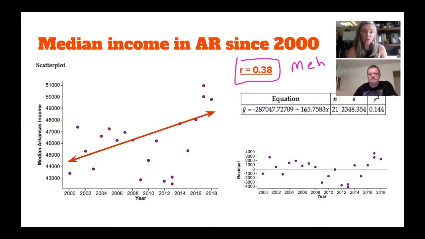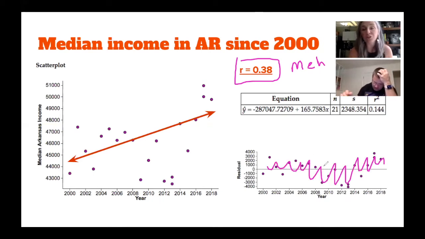In the residual plot, what you are looking for is, do you see a pattern? To me, it's all over the place. And we don't actually want a pattern. It's so funny because you've got all of these different things we look at in order to determine, is this a great model or not?